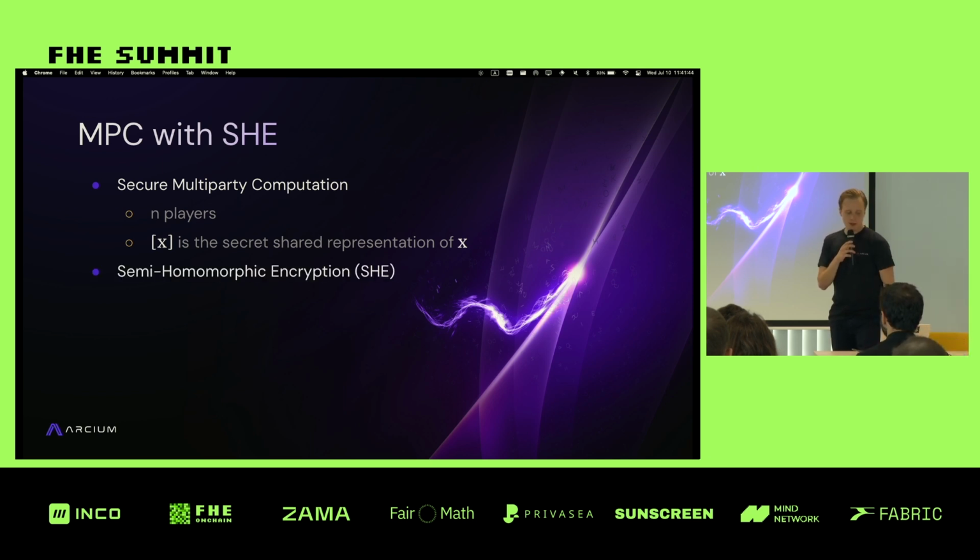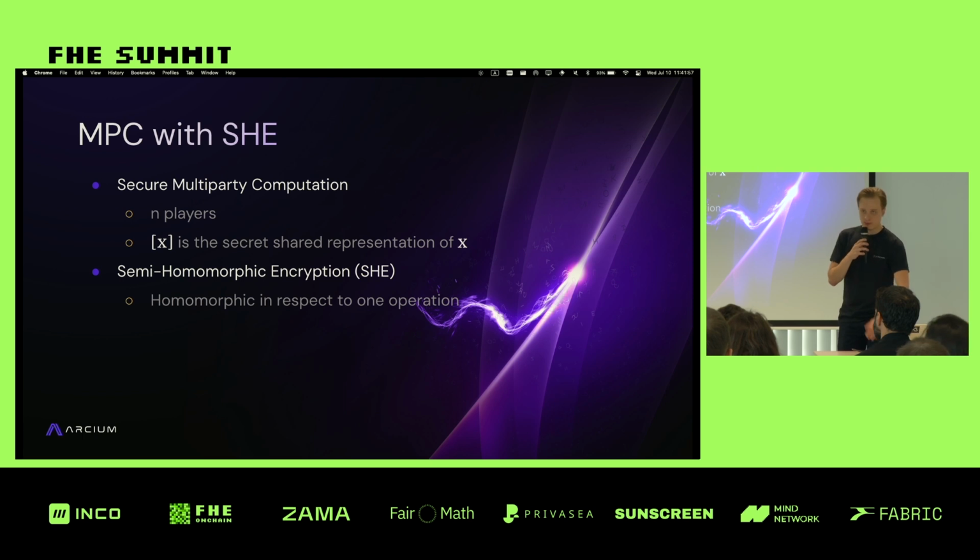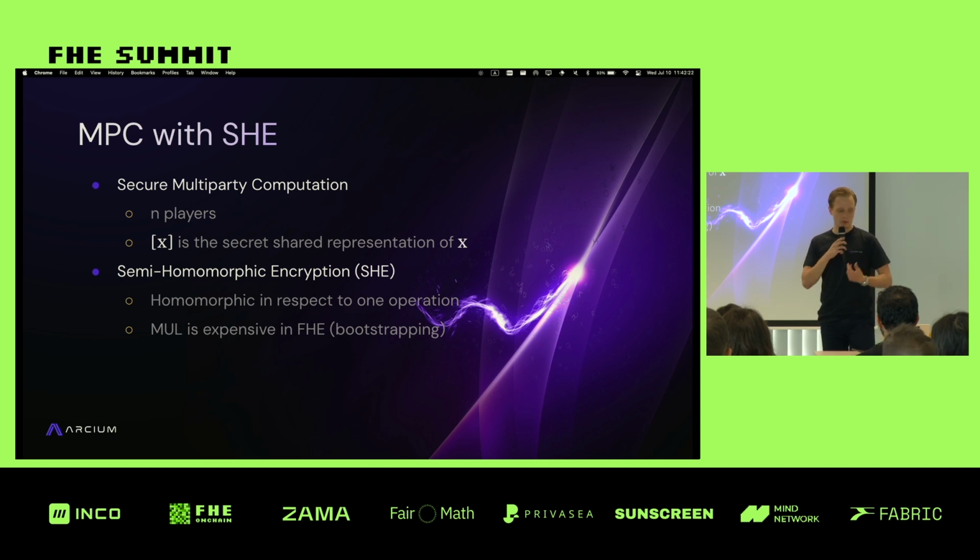And what different kinds of multi-party computation protocols utilize is so-called semi or somewhat homomorphic encryption. And this is a concept that allows for a homomorphism just under one operation, right? Where fully homomorphic encryption allowed for homomorphic additions and multiplications over that field, in semi-homomorphic encryption, only one of those operations, and in most cases the addition, is homomorphic.